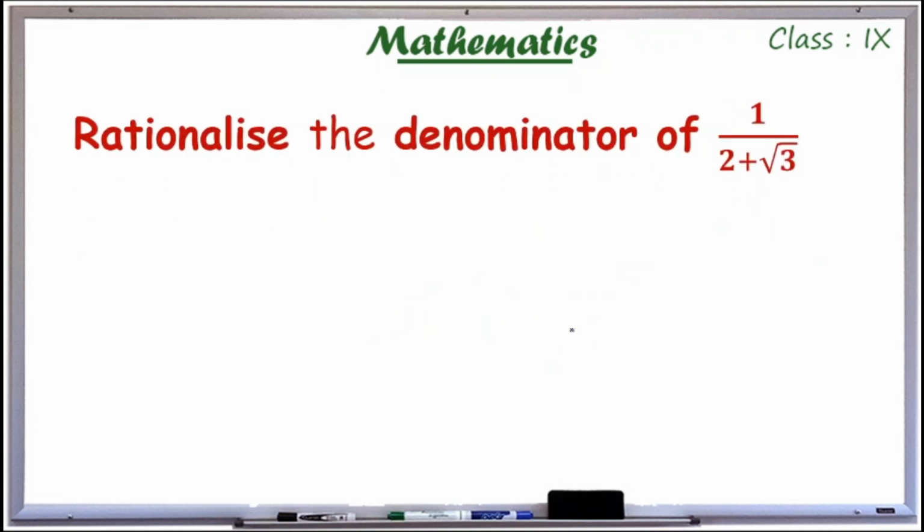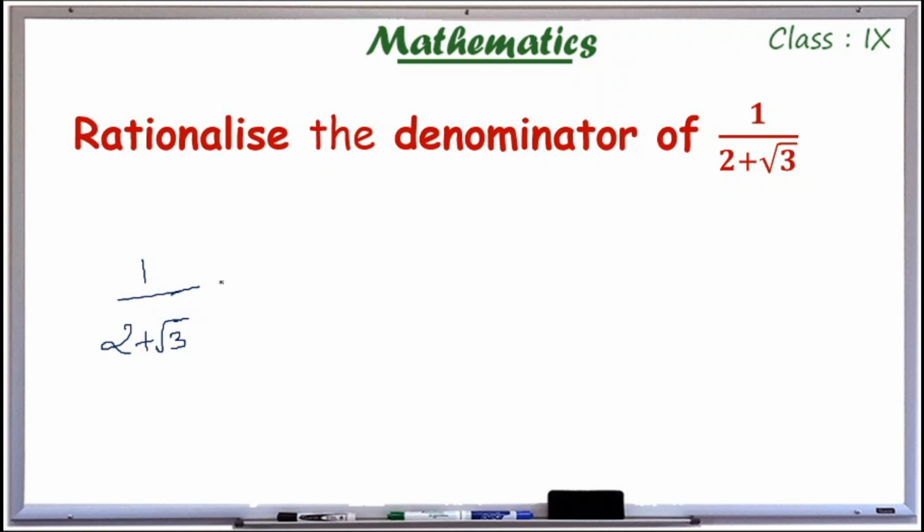Coming to the next question. Rationalize the denominator of 1 by 2 plus root 3. So all of you listen. In order to rationalize this number, we have to remove the irrational from the denominator.